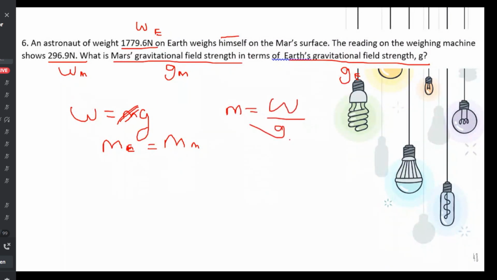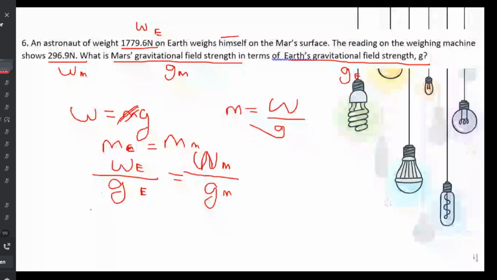So W_E, the weight on the Earth, over g_E, the gravitational acceleration of the Earth, equals the weight on Mars over the gravitational acceleration of the Mars.